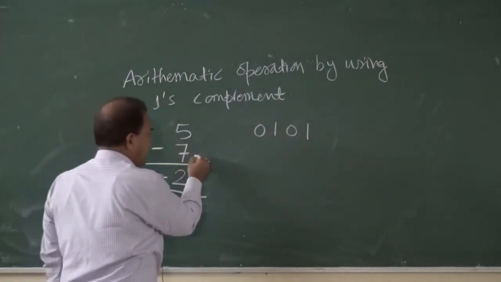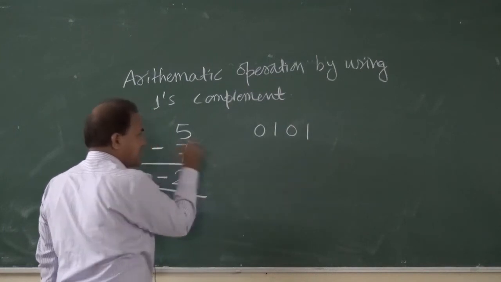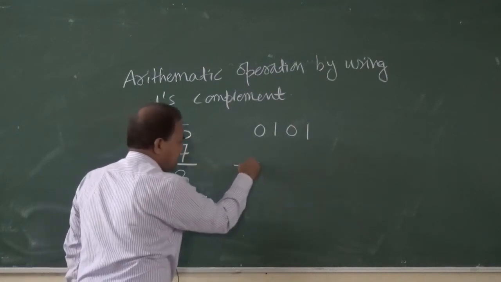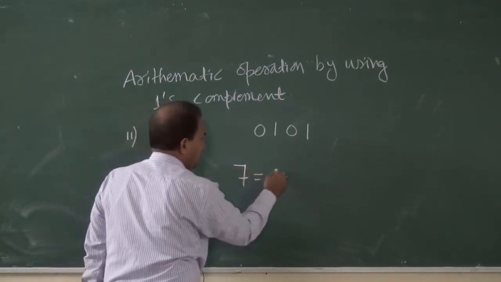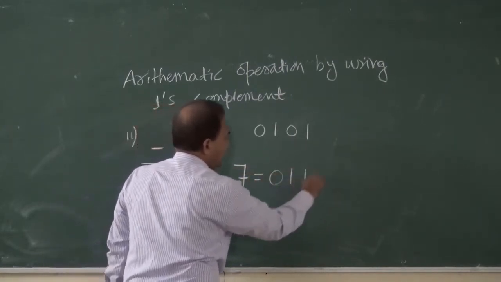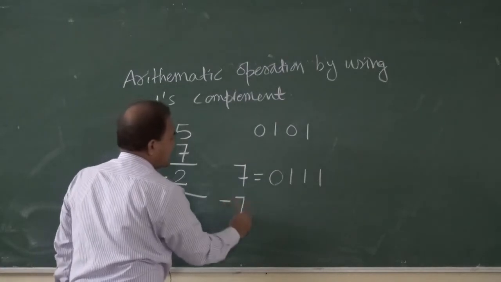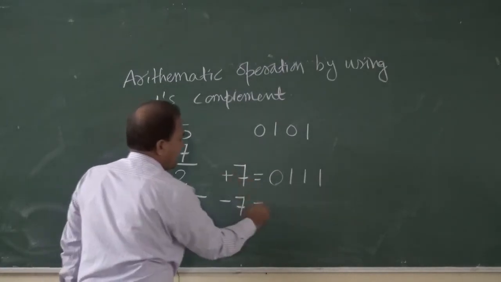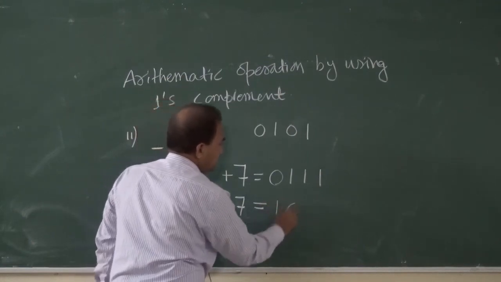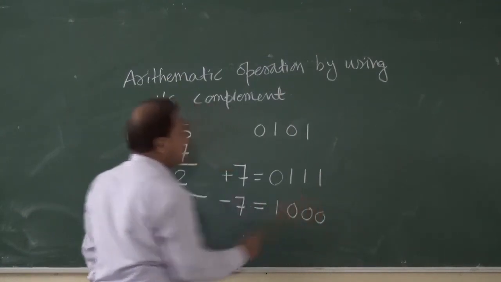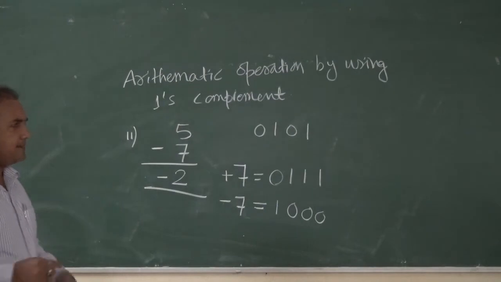And how can you represent minus 7? In order to represent minus 7, you have to represent first plus 7. It is equal to 0, 1, 1, 1. How can you represent minus 7? By complementing each bit. So it is 1, 0, 0, 0. Okay.